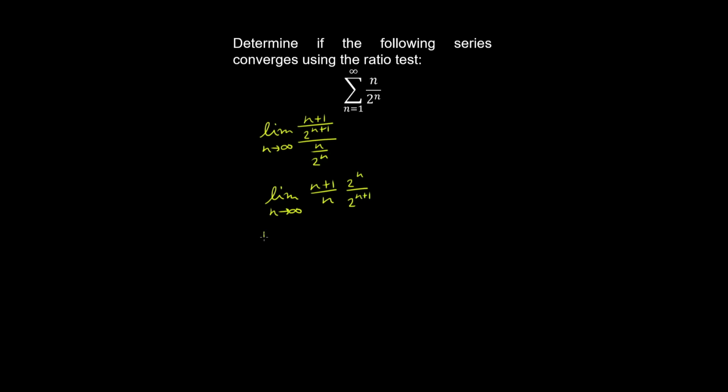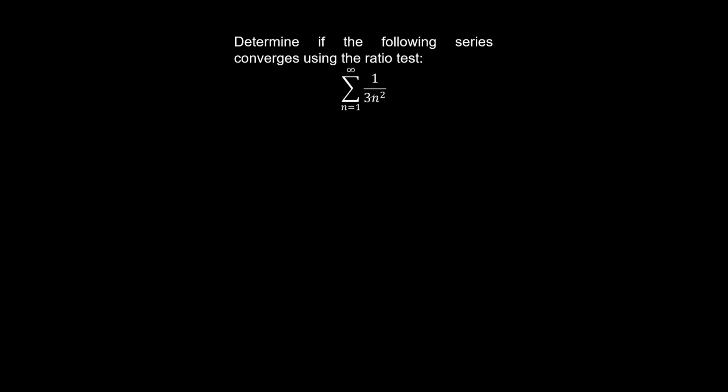And the second term is 1/2, so we can write the limit as follows. And therefore the limit evaluates to 1, so we obtain 1/2. And because this value is less than 1, then the series converges by the ratio test.